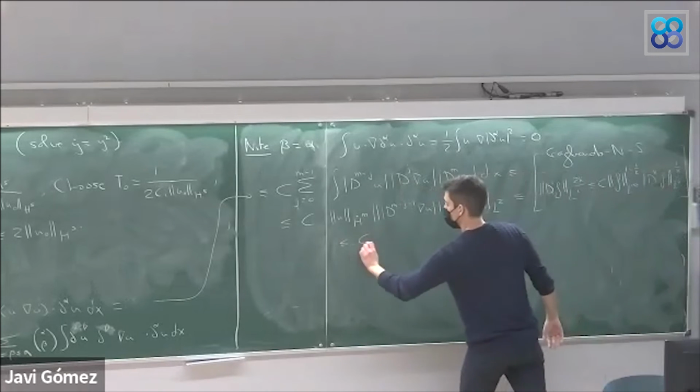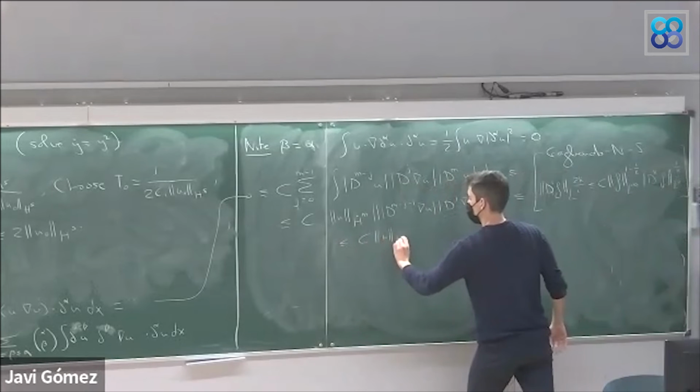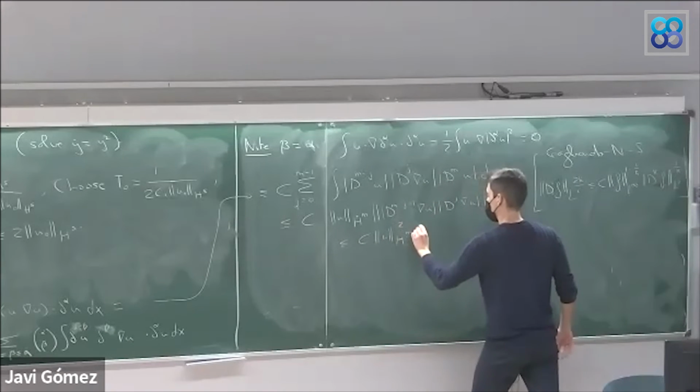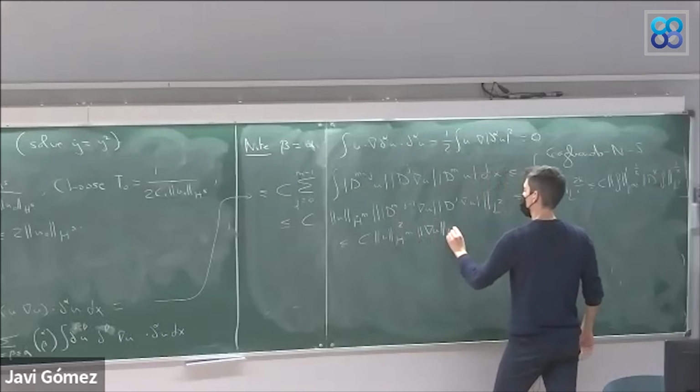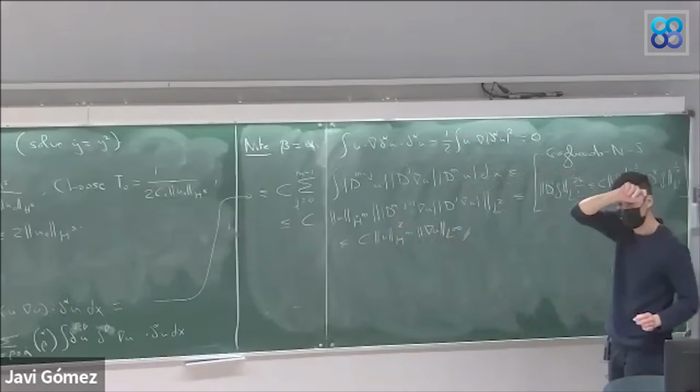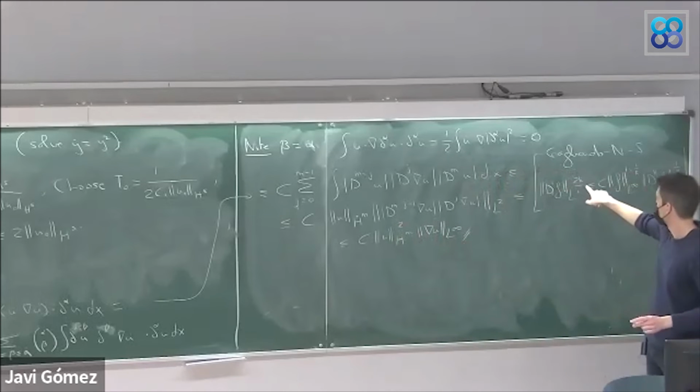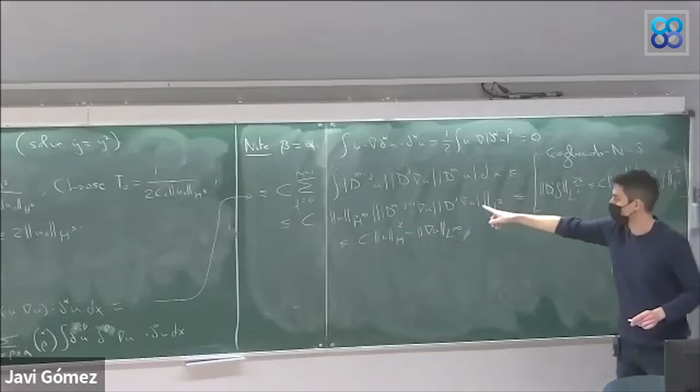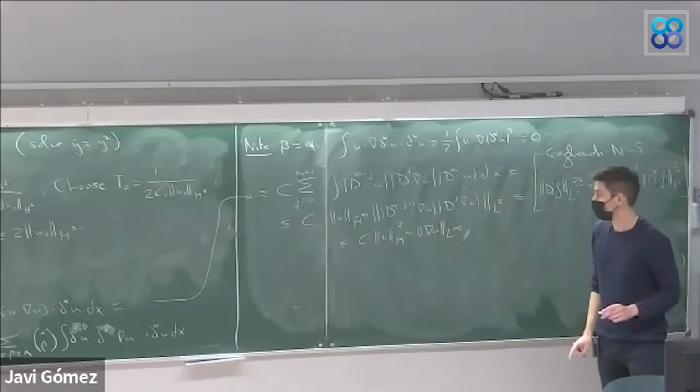One obtains the estimate. This is just right here, k and i equal to whatever we have here.